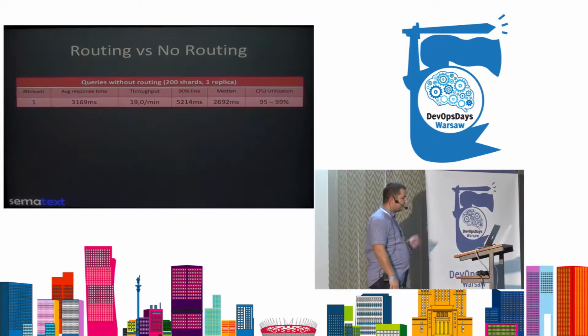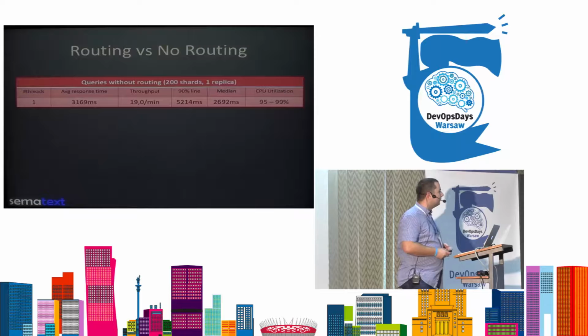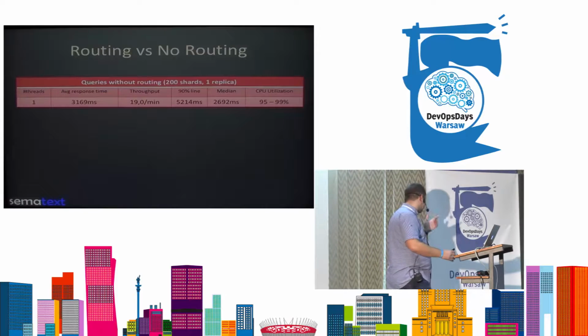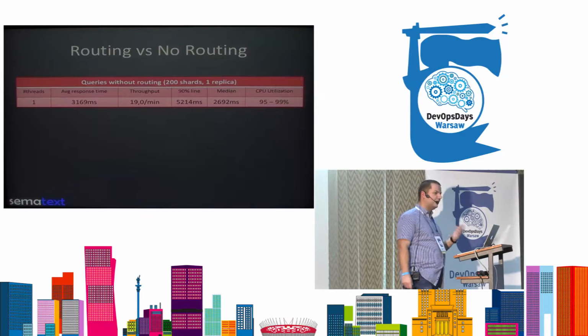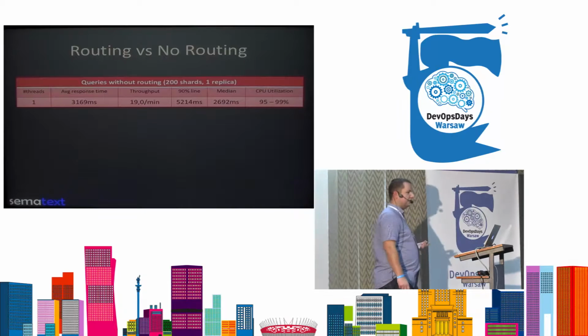The last thing here is we did a test some time ago for one of the clients, and we compared the difference for them when it comes to 200 shards, sorry, they had with one replica. And the problem was that without routing, the throughput for their queries with faceting back then, and with a normal query, was about 90 queries per minute.